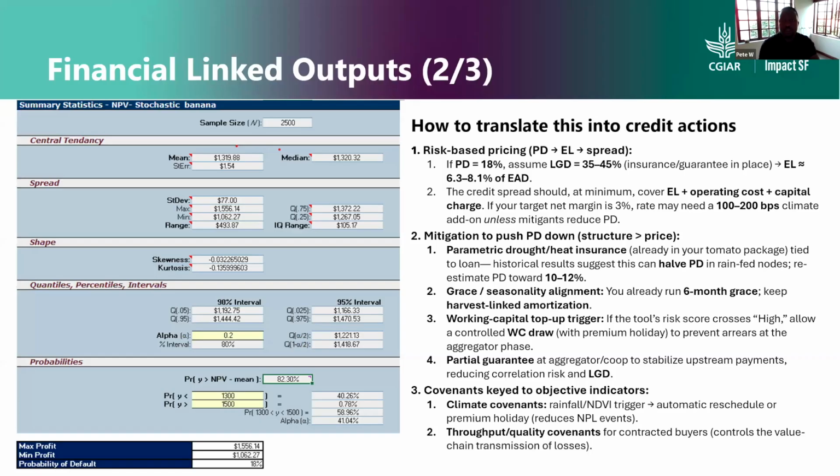So assuming that the farmer does not do anything, the appropriate approach would be to take your expected loss percentage plus your operating cost and your capital charge. Your capital charge would be the cost of capital that the bank raises from deposits etc., which they can on-lend. It's normally provided by the ALM or the ALCO department.